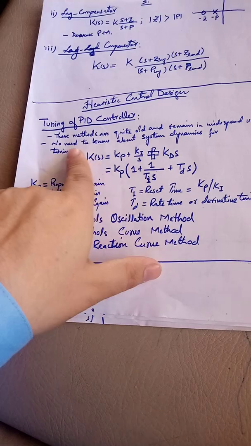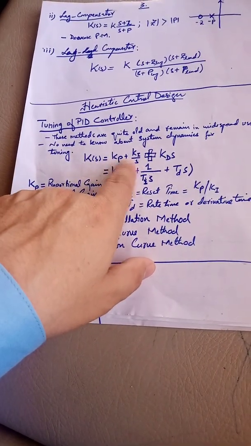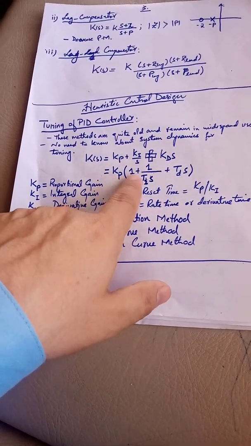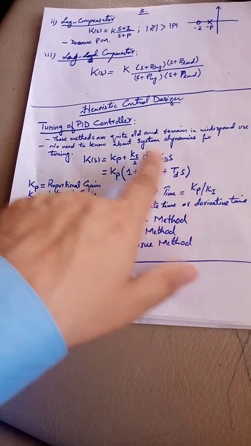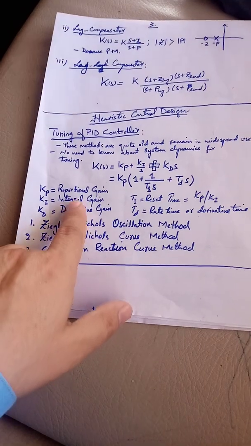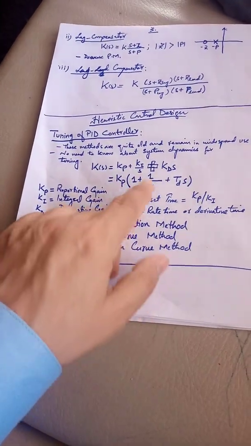Before going to the tuning of PID, we have Kp plus Ki by s plus Kd s, or we can take Kp out and write it as Kp times 1 plus 1 over Ti s plus Td s. Here Kp is known as proportional gain, Ki is integral gain, Kd is derivative gain.